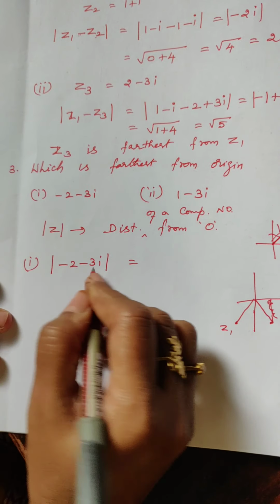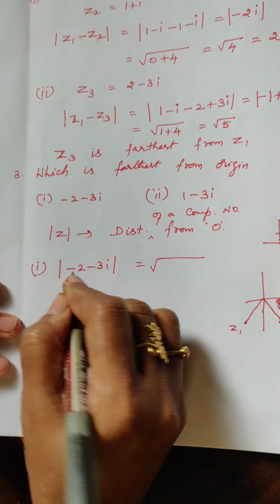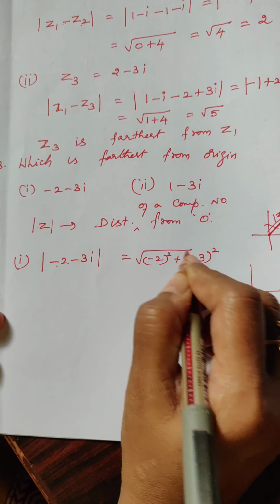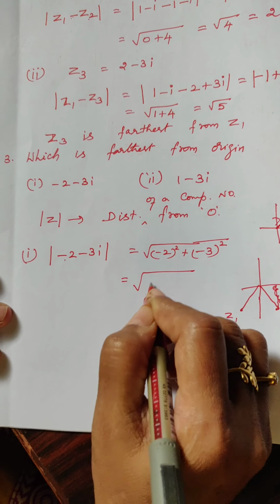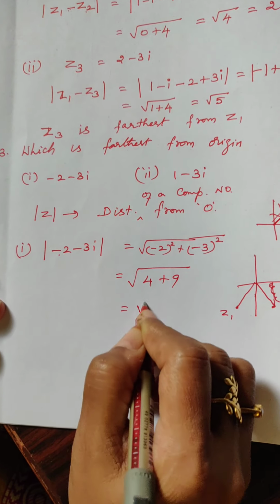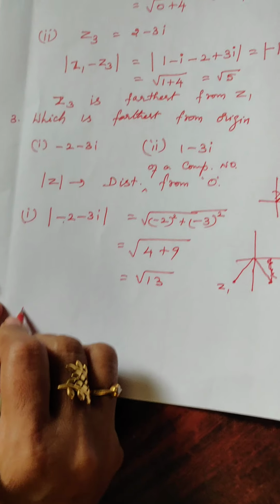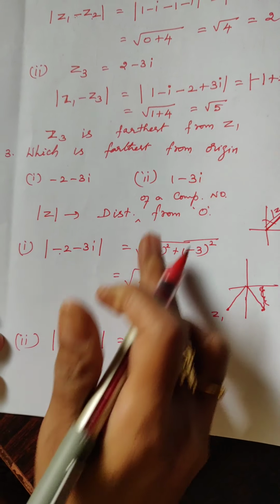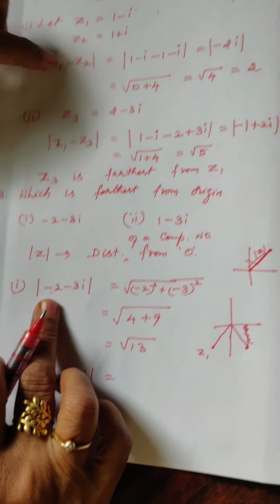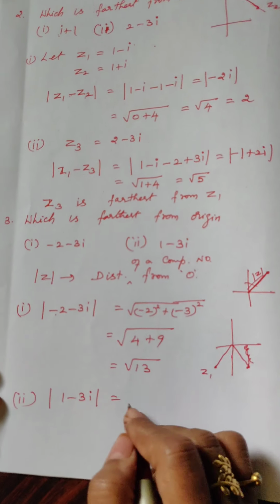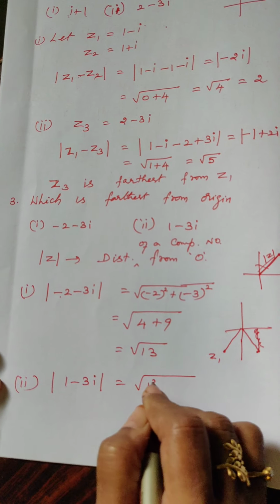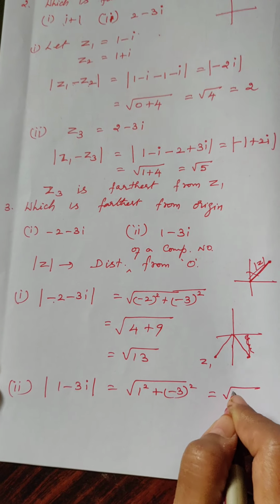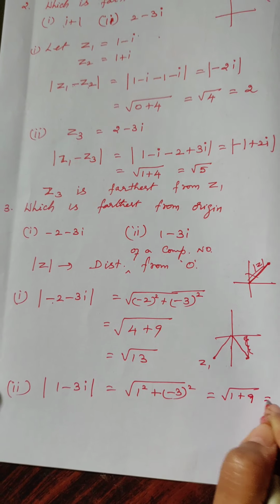The modulus of minus 2 minus 3i is the root of minus 2 the whole squared plus minus 3 the whole squared, which is root of 4 plus 9, equal to root 13. Is it clear now? Then the second one is the modulus of 1 minus 3i, the root of 1 squared plus minus 3 the whole squared. 1 squared is 1, plus 9, root 10.